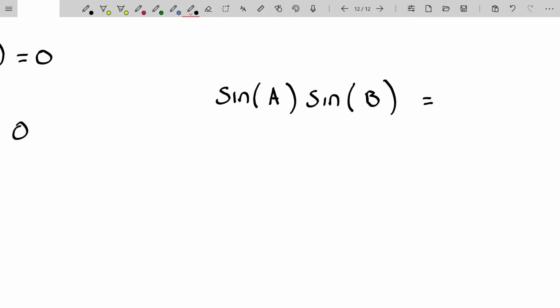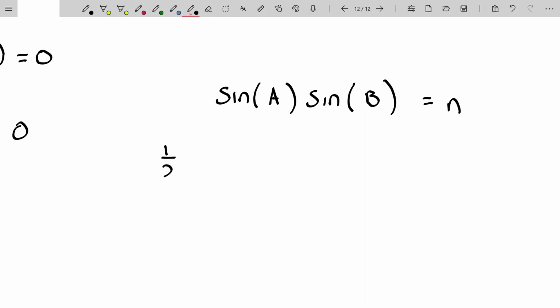If it's not equal to 0, let's just say it's equal to some number, I'll call it n, then you have to actually use the product to sum formulas here, or if you think you should use the product to sum formulas, you would get the following.